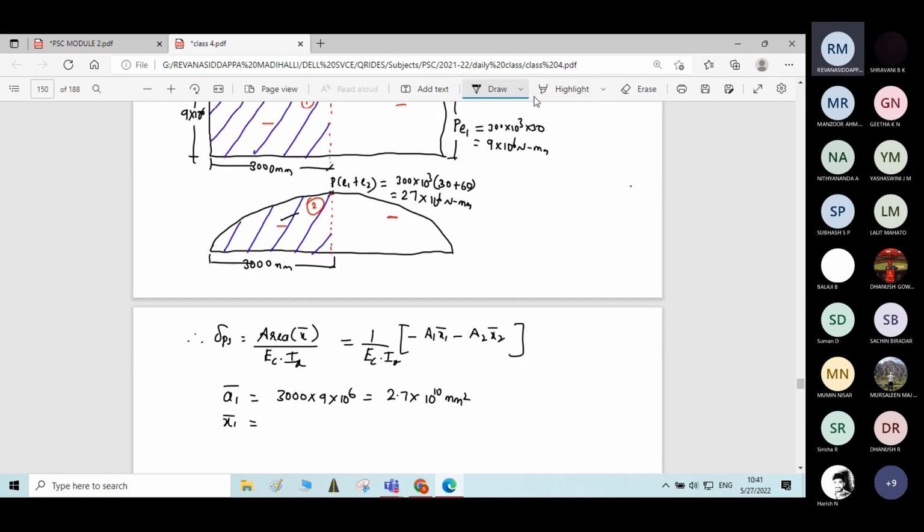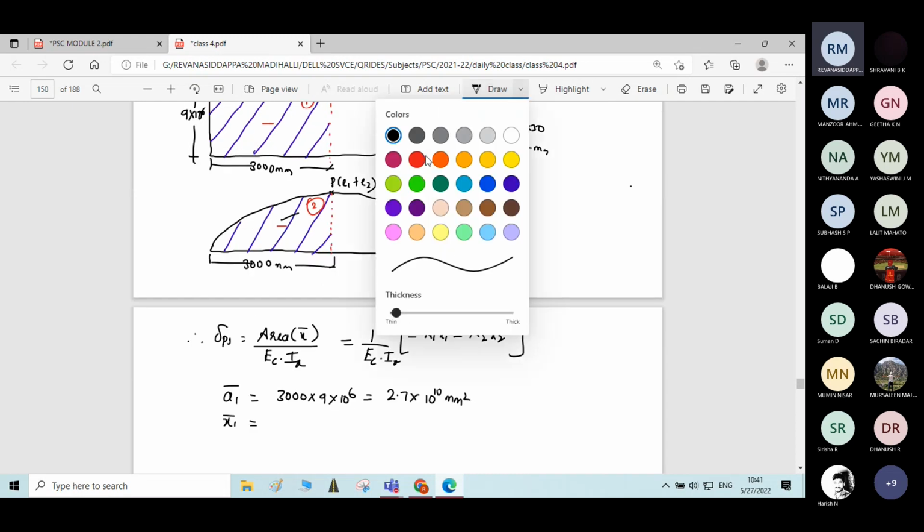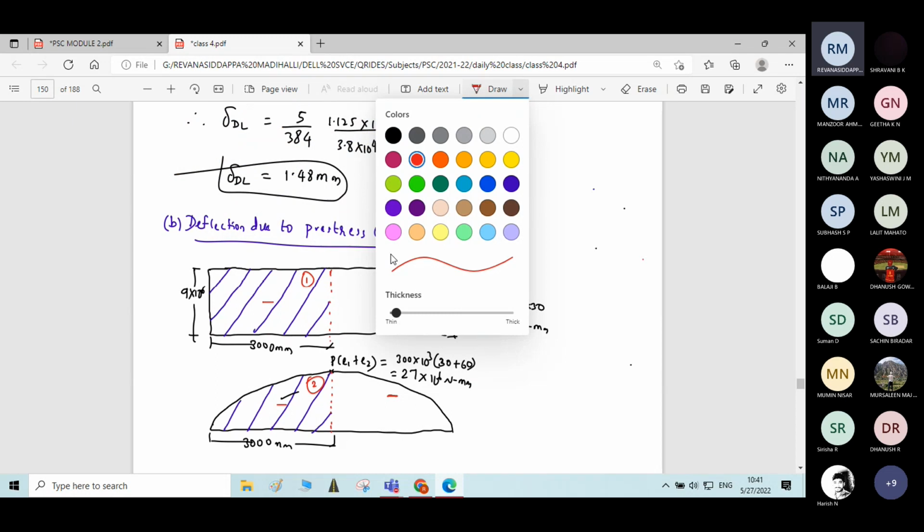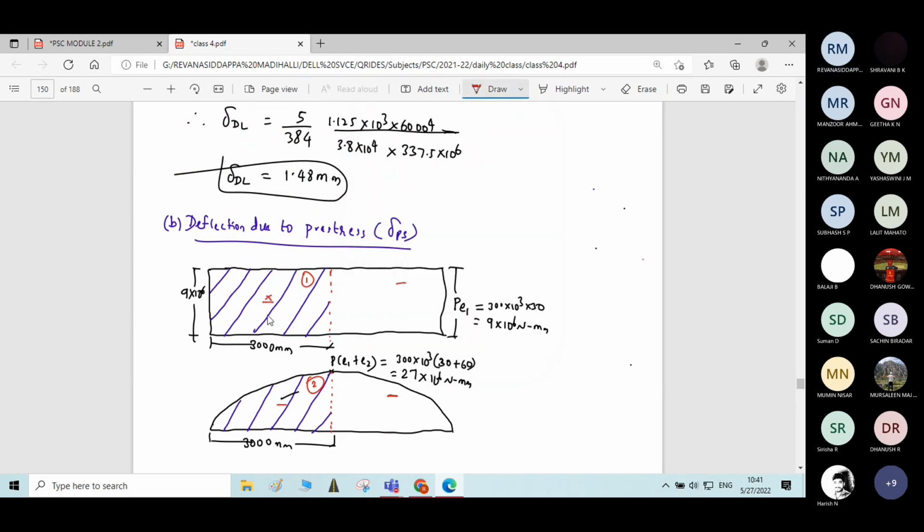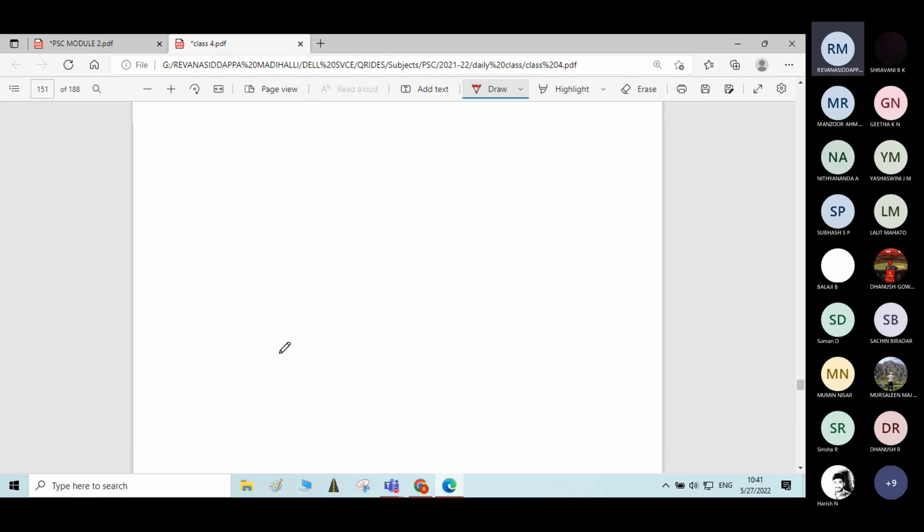What will be the value of x1 bar? What is x1 bar here? Distance of centroid of rectangle 1 from nearest support. It is b by 2. Nothing but x1 bar. So b is 3000. x1 bar is equal to b by 2.